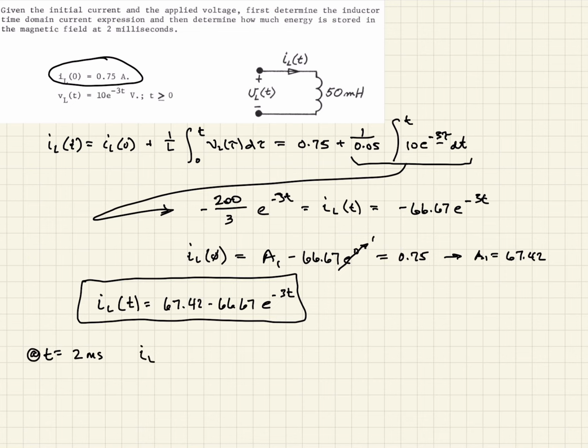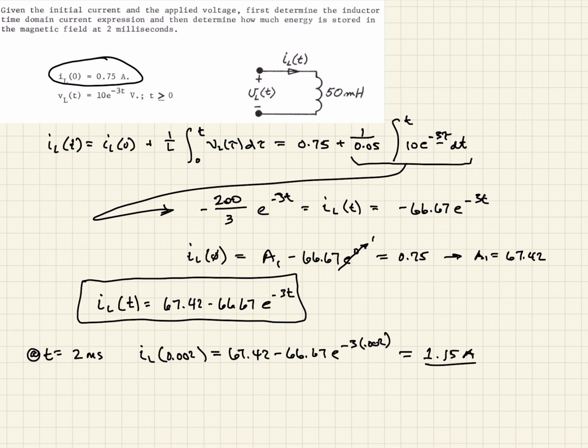So IL at 0.002 is going to equal 67.42 minus 66.67 e to the minus 3 times 0.002. And when you calculate that out, it should be 1.15 amps.